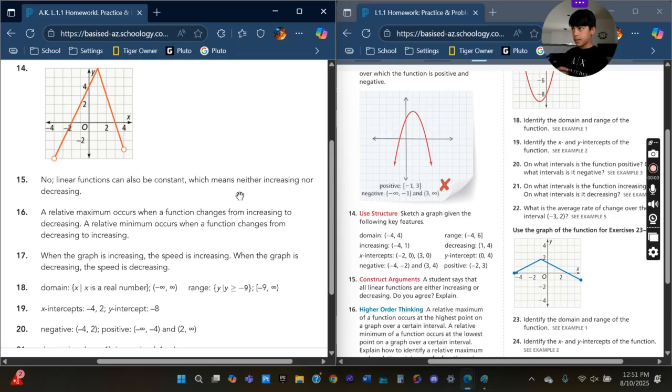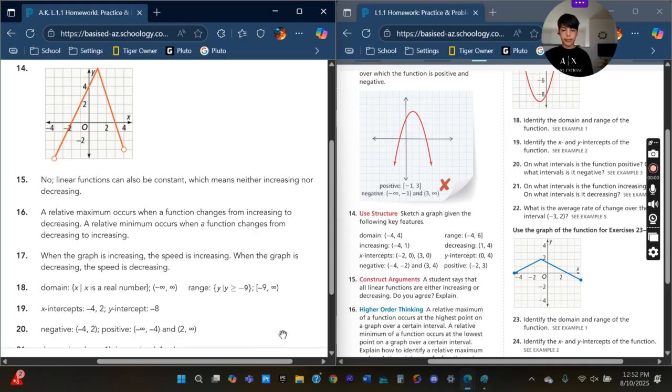But that would be incorrect because a line could be straight horizontal or straight vertical. The straight horizontal would just be constant, and straight vertical, you'll learn, is not really possible for a function, because there can't be multiple y's for one x, but there can be multiple x's for one y.